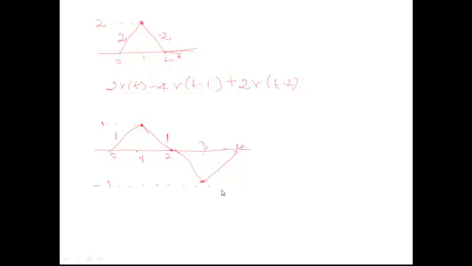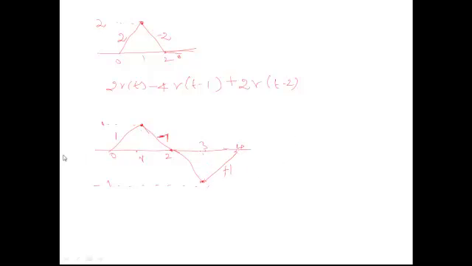Since it is coming down, you will write it as minus 1. And finally, when you are talking about this slope, dy is, it's 0 here, it's minus 1 here. So the change in y is 1, the change in x is from 3 to 4, again 1. So the slope is plus 1 because it's rising. So you will write the slope as plus 1.